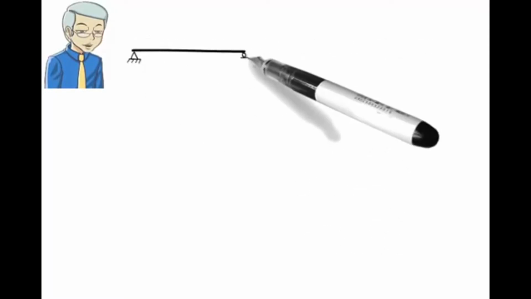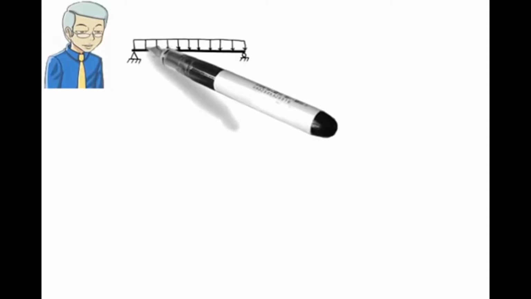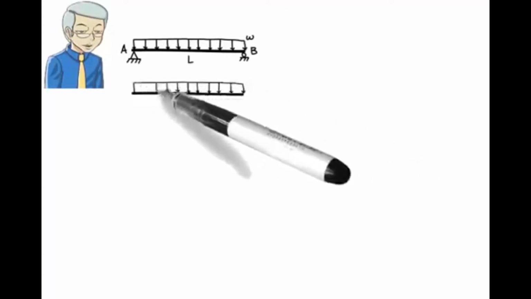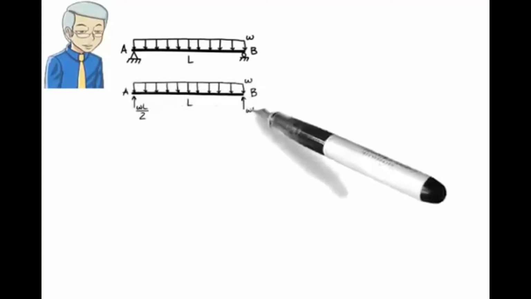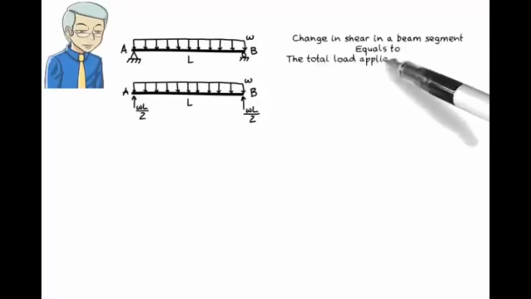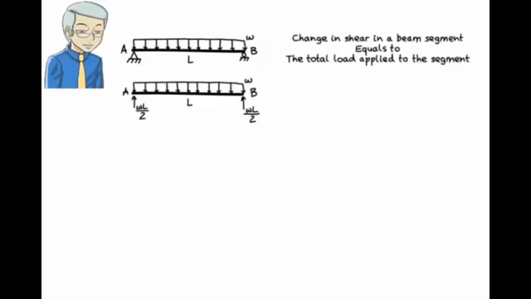Suppose we wish to construct shear and moment diagrams for a simply supported beam subjected to a uniformly distributed load. Observe that the beam has two upward reactions, each having a magnitude of WL over 2. The basic fact that enables us to draw the shear diagram directly from the load diagram is this: the change in shear in a beam segment is equal to the total load applied to the segment.